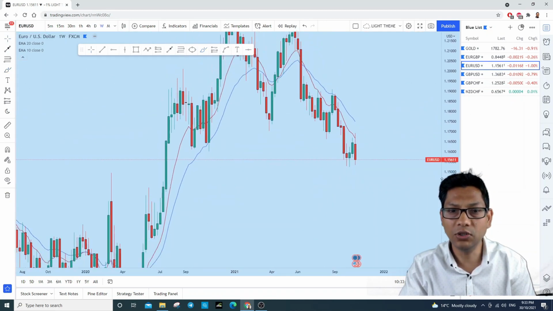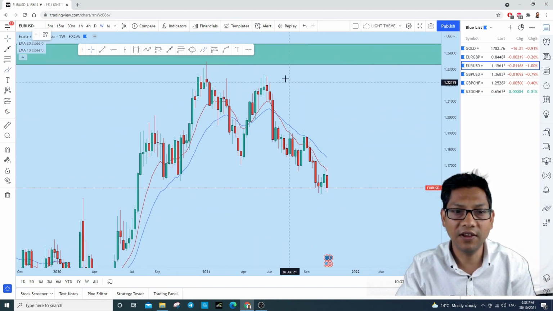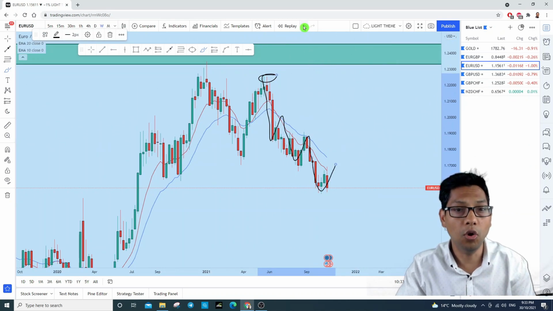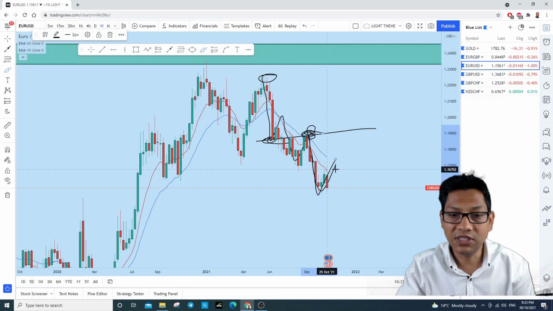On the weekly, as you can see, the market structure is a bit clearer. Starting from here, the price is creating lower highs and lower lows. In this low, the previous support was tested as a resistance in this zone and then dropped.